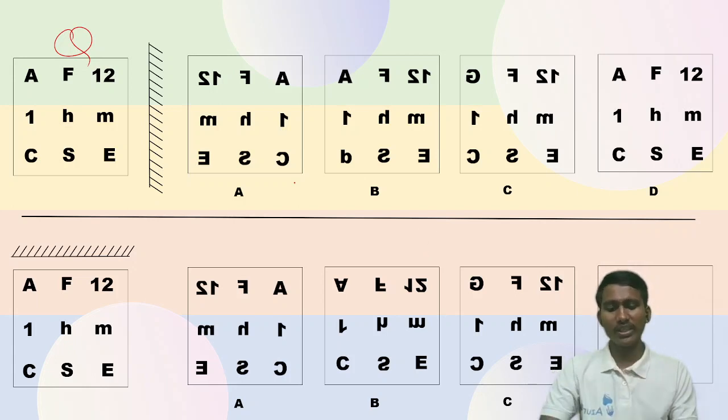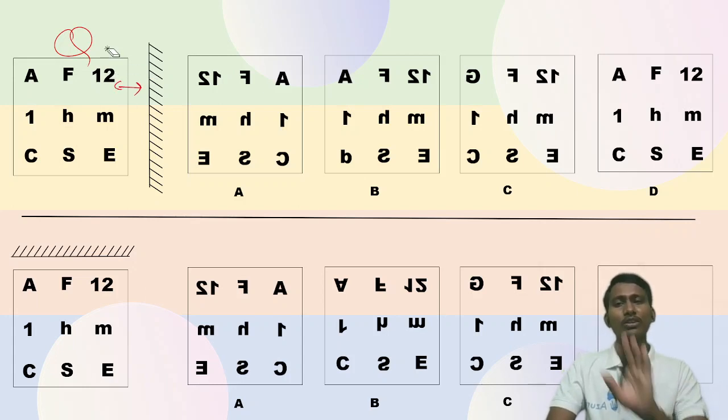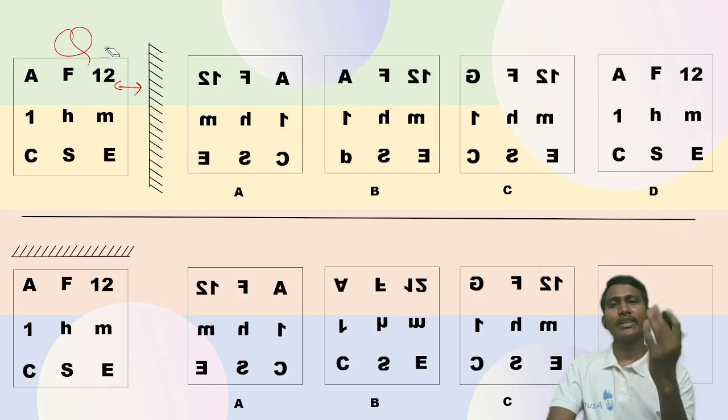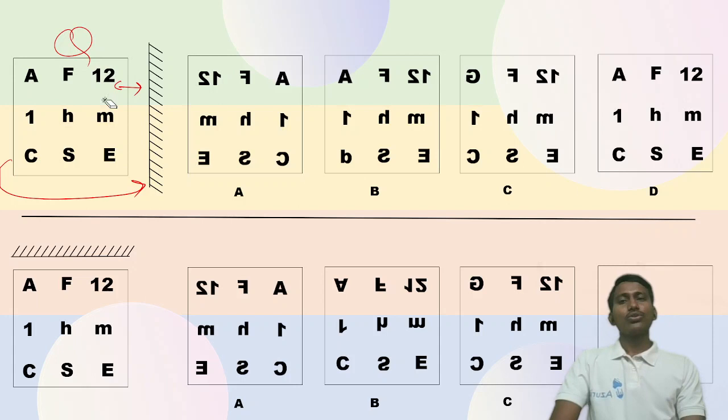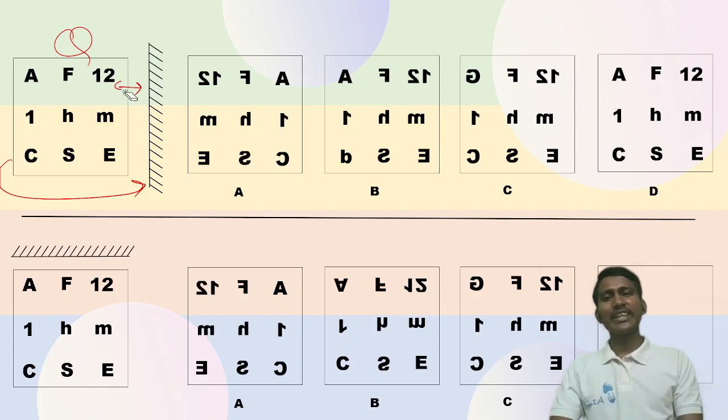Here 12 is nearest to the mirror. So 12, what will happen? It will flip, right? It will flip like this. If you flip like this, what will be the mirror image? So here 12 is there, right? Let us take only three letters, that is 12, F and A. So here 12, 2 will come first and then 1.